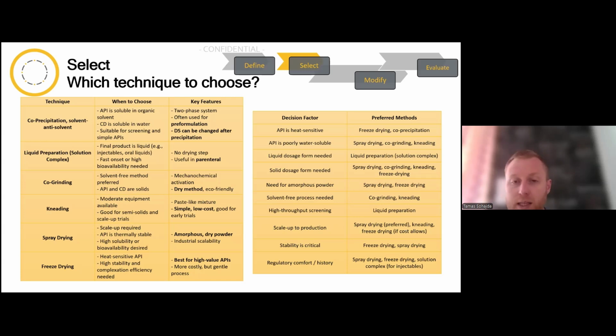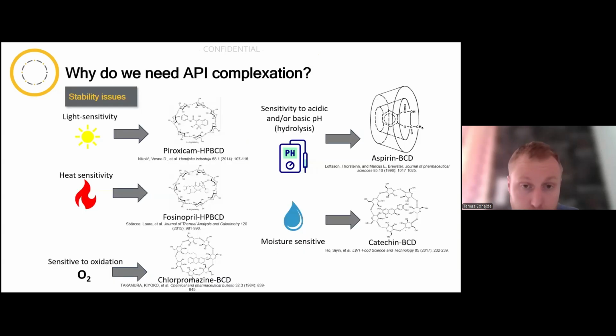You need the complex in a liquid form, or you need it in a solid form. Those are all factors to consider, but again, cyclodextrins are very versatile and flexible, so you can easily pick a technique that's suitable for the purpose.